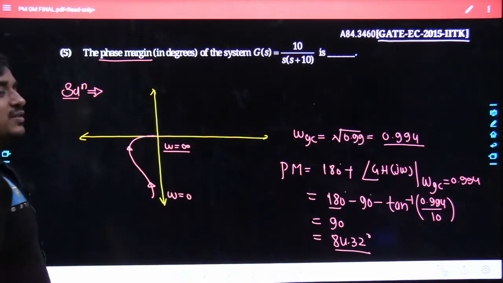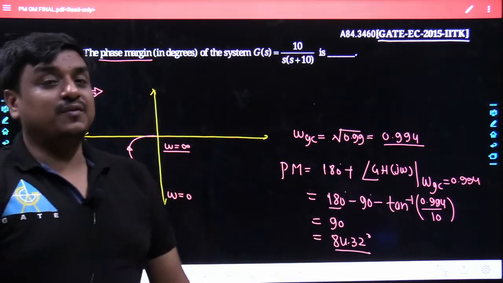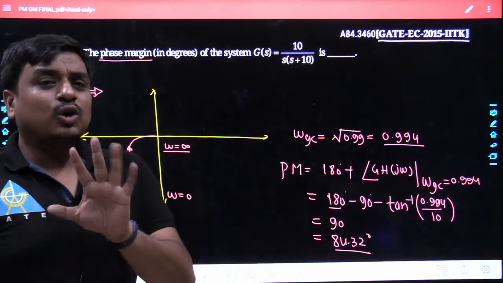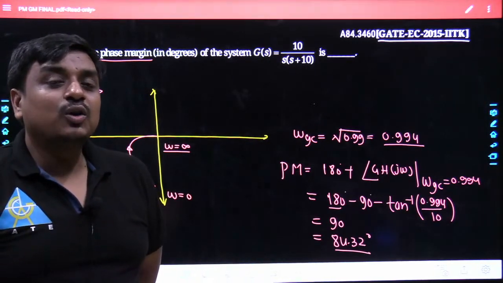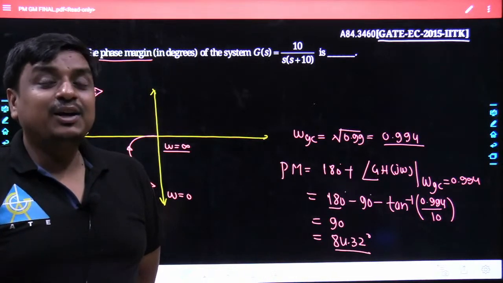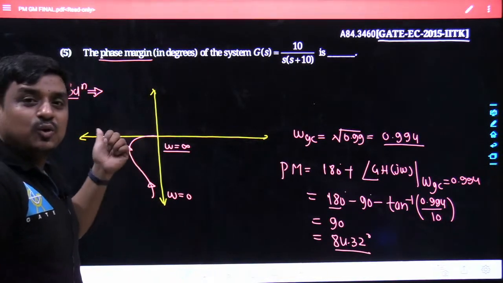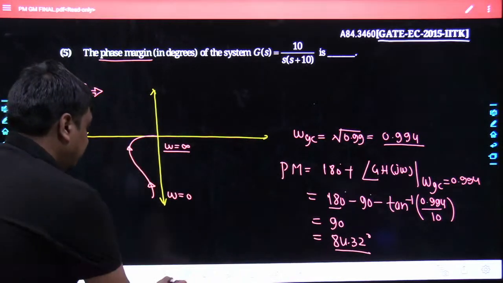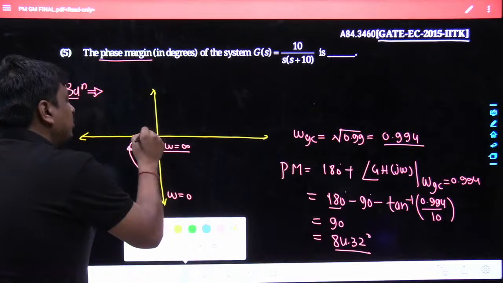Now we'll try to understand how the concept of stability is connected with the gain margin and phase margin. I was talking about stability in the last class. Whenever you intend to calculate the stability of the system, you have to complete your given structure, which is the polar plot, into the Nyquist plot.